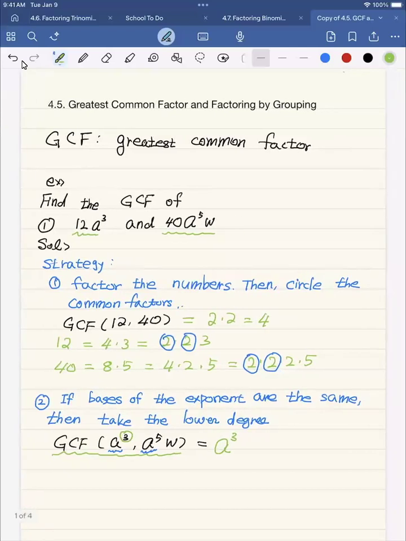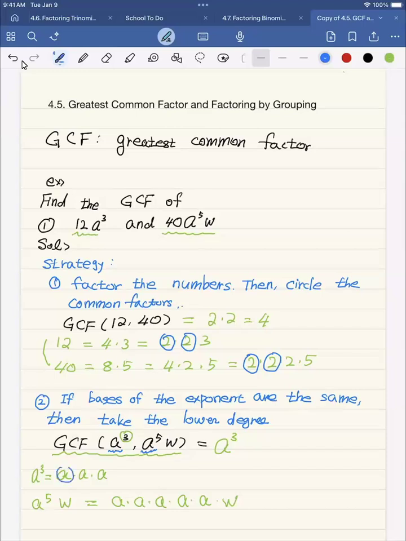If we think about the similar pattern of analysis we did in the previous one with numbers, then a cubed can be written as a times a times a, and a to the fifth power times w can be rewritten as a times a times a times a times a times w.